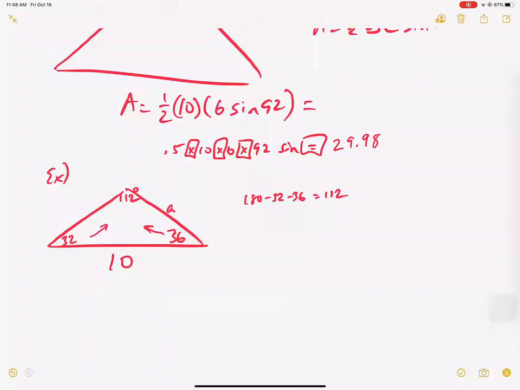Let's call this A. That's all for side A. So A over sine of 32 is equal to 10 over sine of 112. And we've done this on the calculator plenty of times. So on your calculator, why don't you double check me?